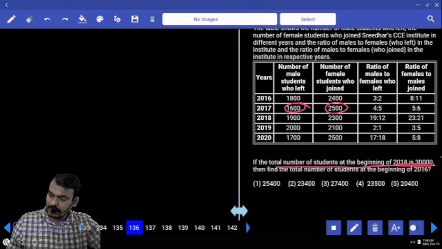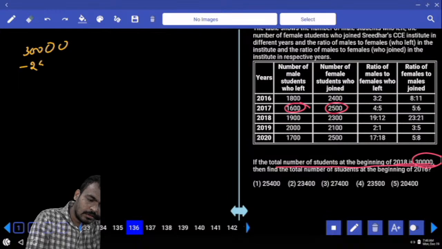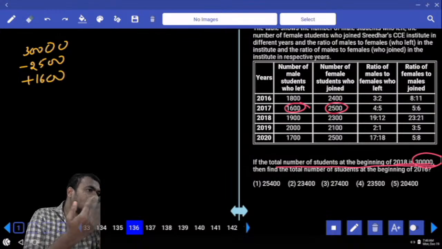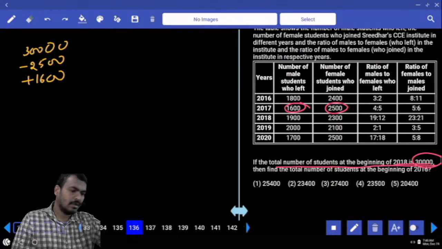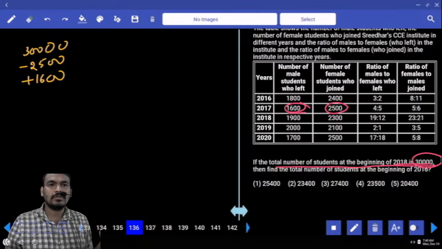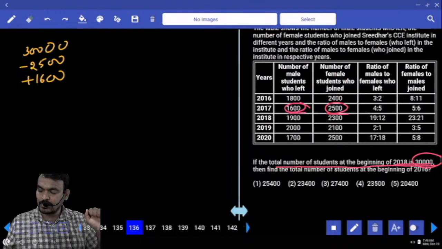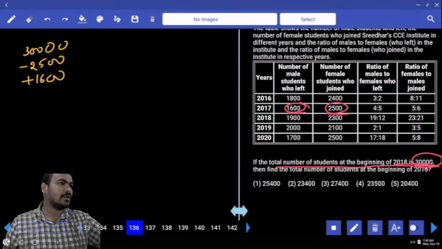Okay, 30,000 minus 2,500 plus how much value? 1,600. Reverse are taken. Okay, left means actually how many persons are left? 1,600. Again, how many persons are adding? 2,500. Minus 1,600 plus 2,500. That is equal to how much value? 30,000. But reverse we are taken.